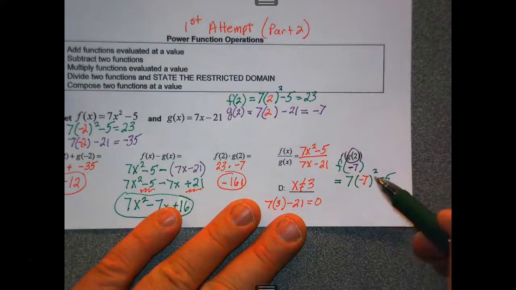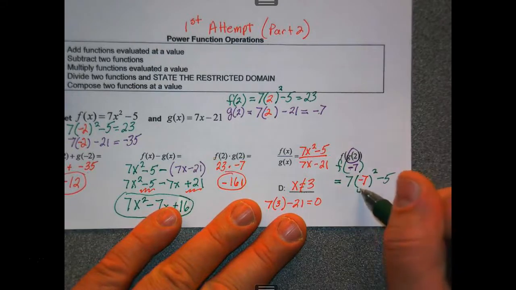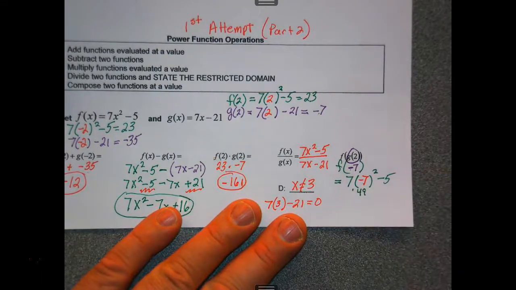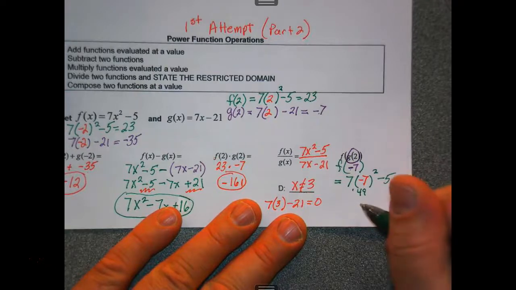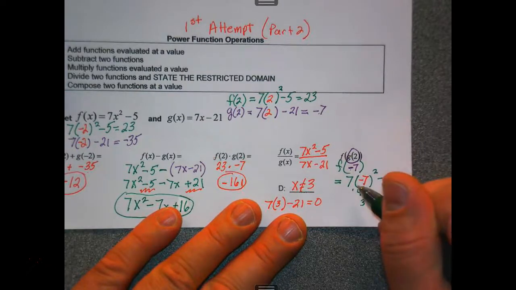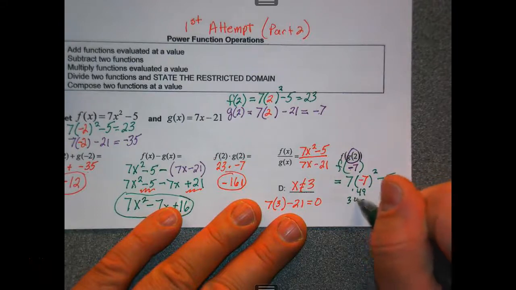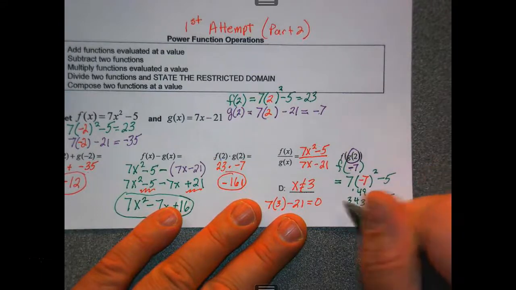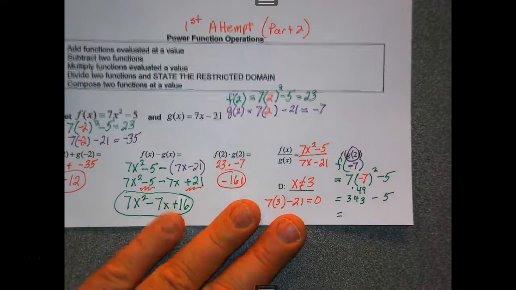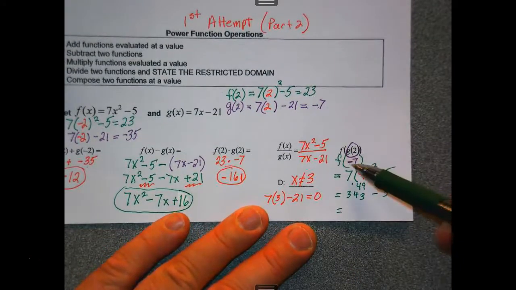Okay, negative 7 squared is 49. 49 times 7 is a really big number. 343 minus 5. What? No, because the g of 2 is negative 7, so we've got to find the f of negative 7.